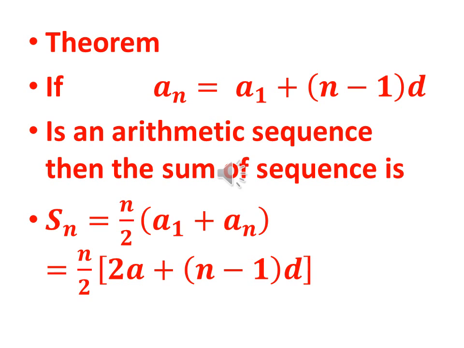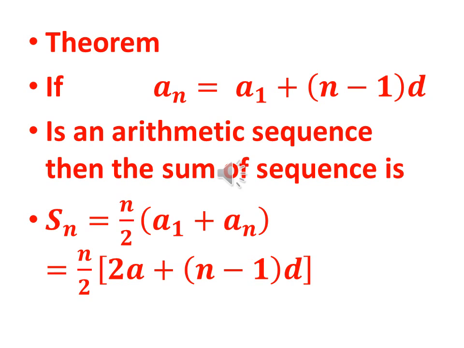We have 100 over 2, bracket first term a1 plus last term an, equals the sum. There is another rule for the sum: n over 2. If I factorize this, an equals a1 plus n minus 1 times g, put it here and collect. So Sn equals n over 2 times 2a plus n minus 1 times g.